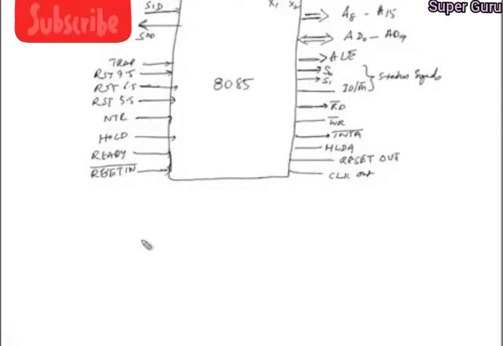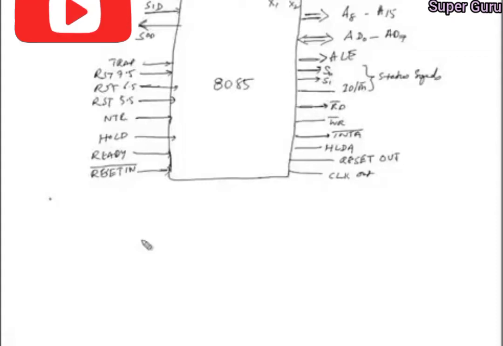Okay, now this pair of signals used for serial in out communication is SID and SOD. This is the serial in and serial out data. Then the pair of instructions used for serial in out data is SIM and RIM.